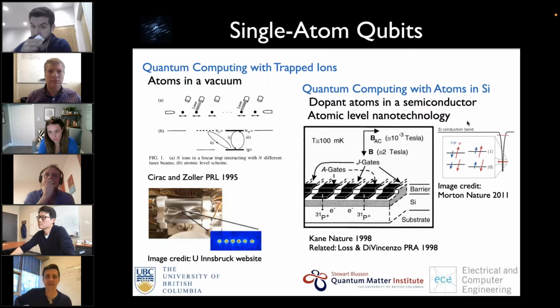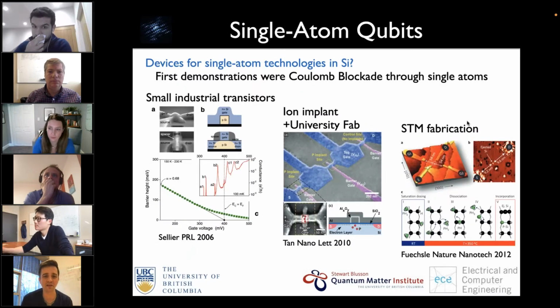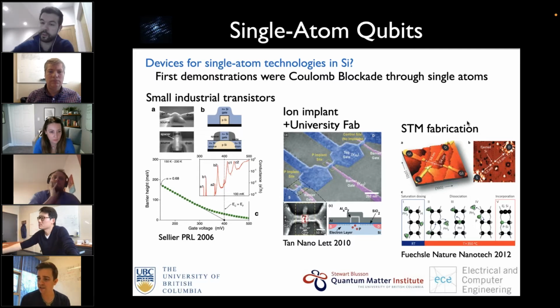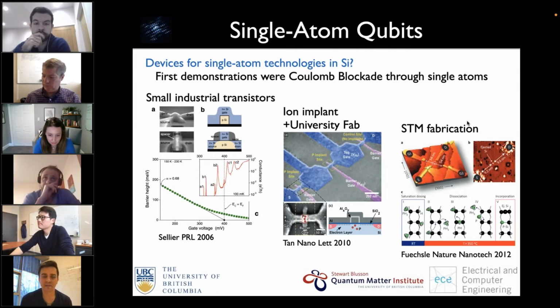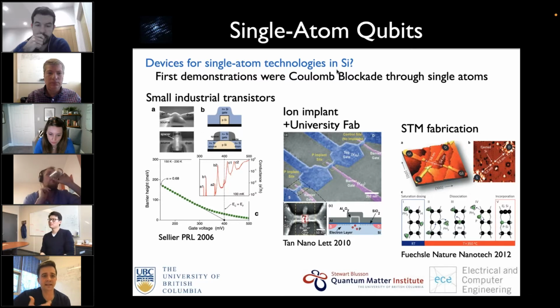Okay, so if there was no way to do that when it was proposed, then how has that been developed? The first demonstrations of single-atom quantum devices were achieved on three different platforms.